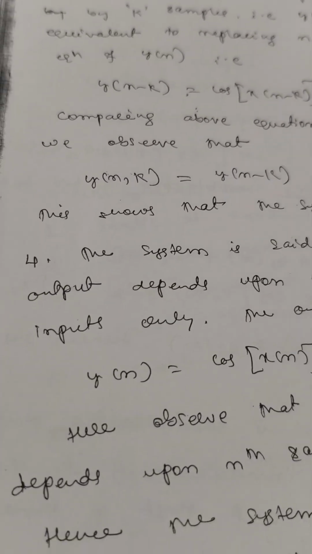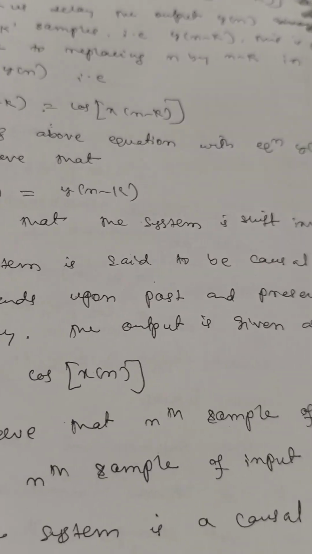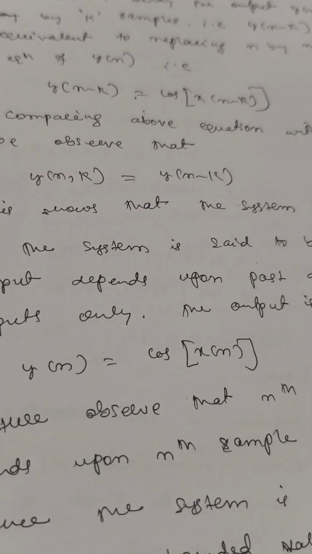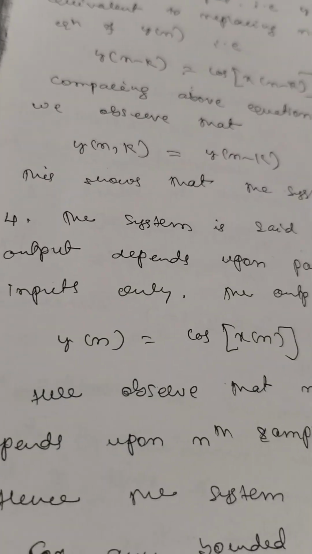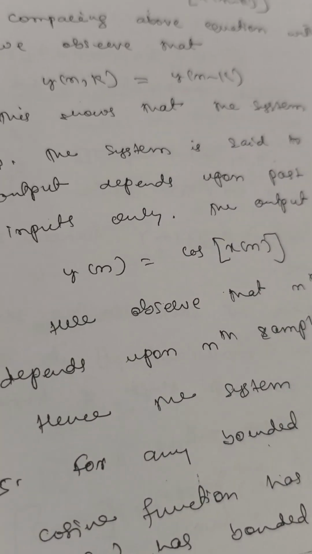Next, one more property, that is whether it is causal or not. The system is said to be causal if its output depends upon past and present inputs only. The output is given as y of n equal to cos n. Since it is depending on the present input only, this system is a causal system.